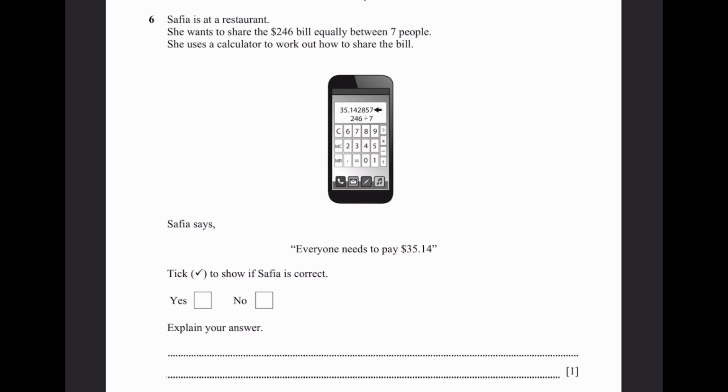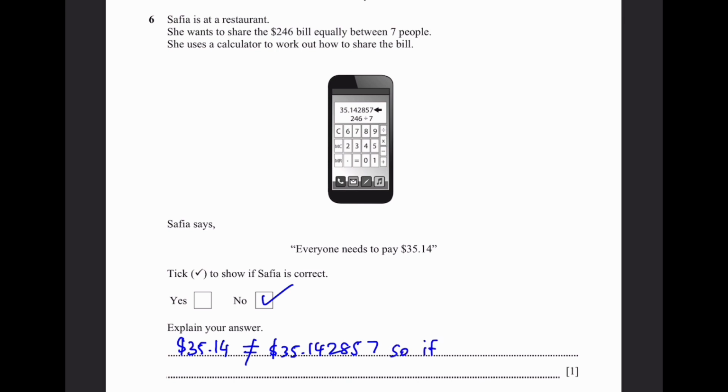Yes or no, explain your answer. Well, if you see on the calculator, 246 divided by 7 is 35.142857. Well, 35.14 is not the same value as 35.142857. So that means not everyone will be paying the correct amount. 35.14 is not correct because 35.14 is not equal to 35.142857.